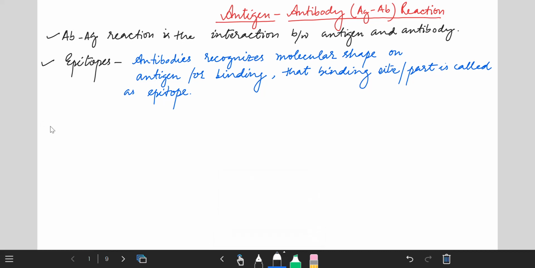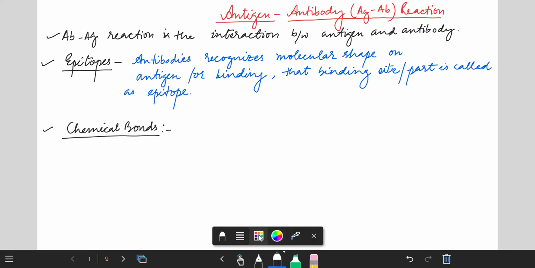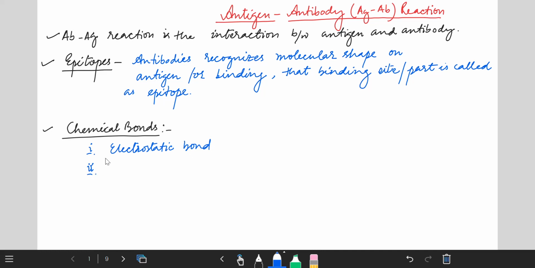So mostly non-covalent bonds, and the intermolecular forces which are involved in antigen antibody binding are: first one is electrostatic bond, second one is hydrogen bond, also known as H bond, third one is hydrophobic interactions, and the fourth one is van der Waals bond.